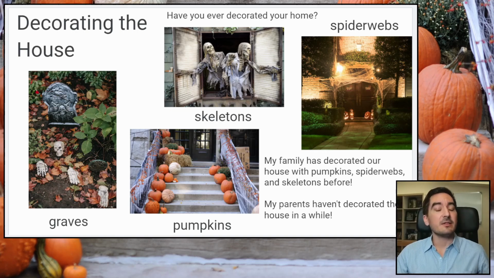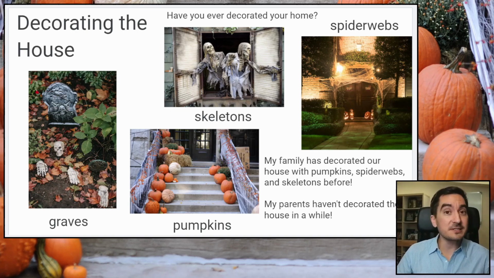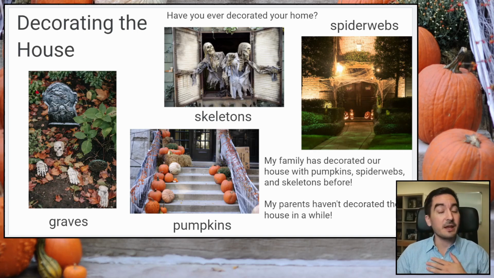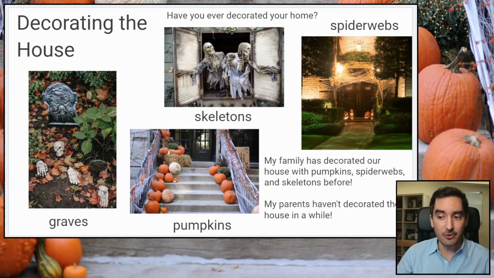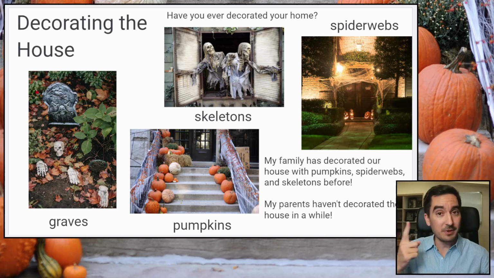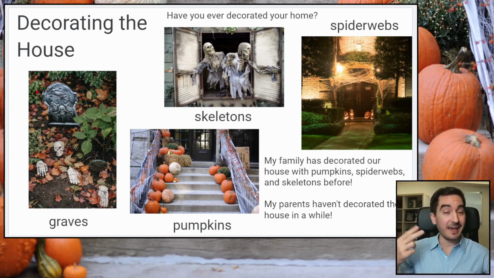So let's try using present perfect to talk about our experiences. And I'll talk about my family. So in our lives, my family has decorated our house with pumpkins, spider webs, and skeletons before.